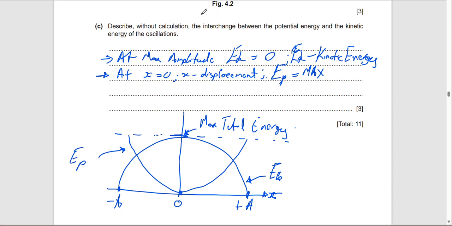Wait a minute. I confused the way I explained it. It's actually the opposite. Look here, at maximum displacement, the kinetic energy is 0. Kinetic energy is 0, and here, it's 0 displacement. Potential energy is maximum.